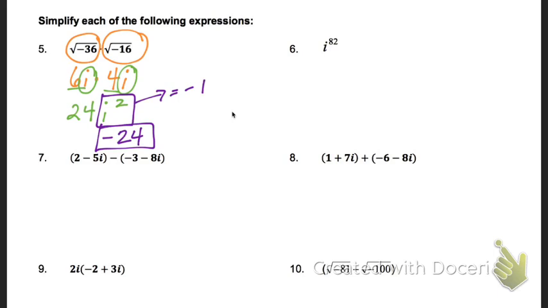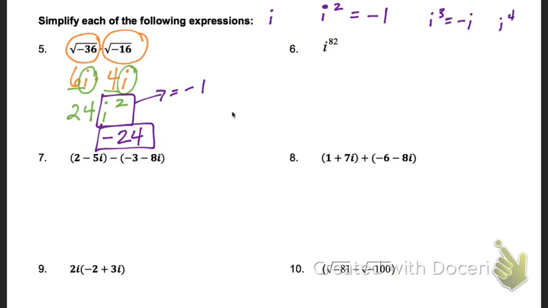So you can leave an i and a negative i in your answer. So if I have just i, leave it like that. i squared, I need to change to -1. i cubed, I can keep as -i.